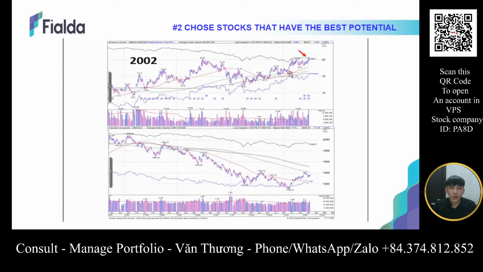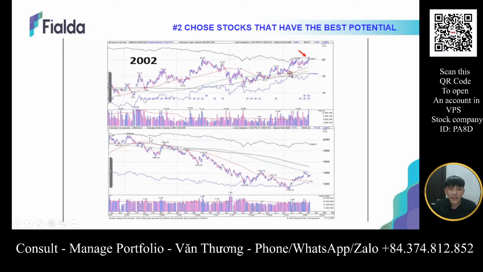Okay. And oh, this one is very important. So it's Amazon in 2002. You can see here, when the general market is in a downtrend, Amazon is in an uptrend, right?